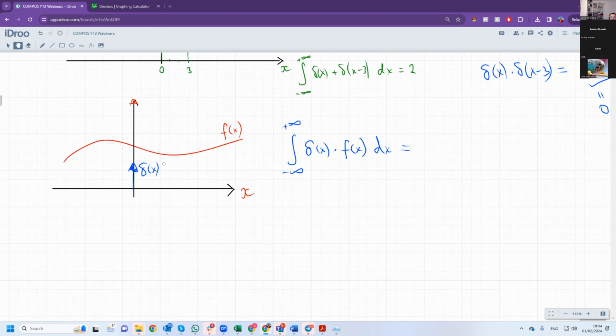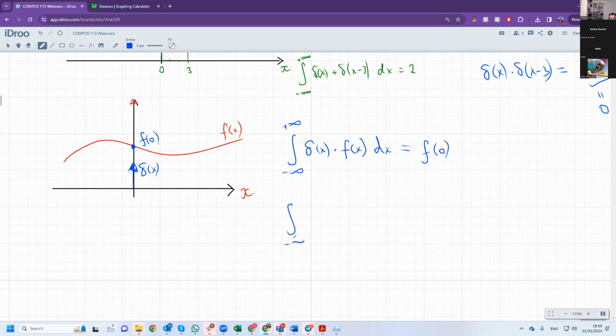Yes. And at 0, it will take the value f of 0, because you're multiplying delta x by f of x, which makes it f of 0. So the answer is f of 0. f of 0 is the y-intercept. So if you multiply the delta function by f of x, you just get f of 0.